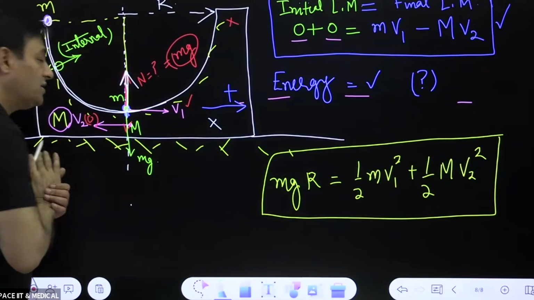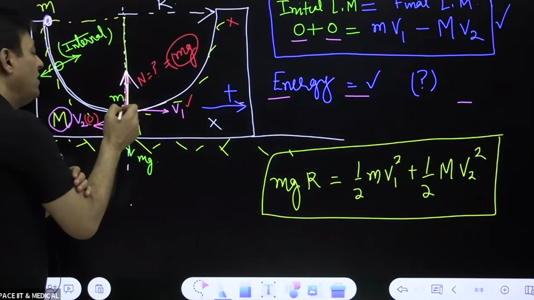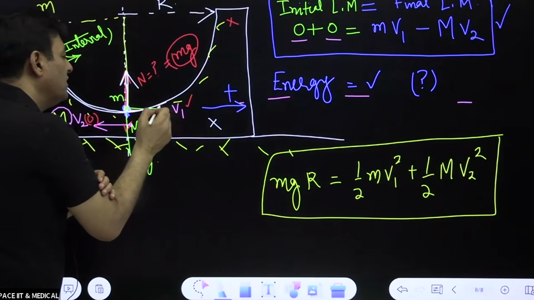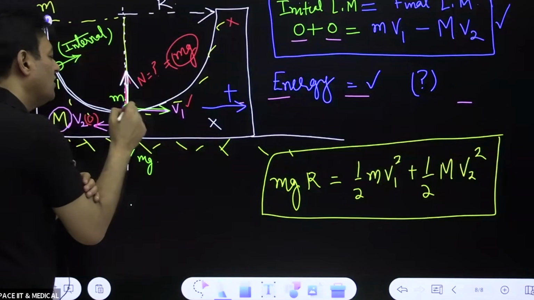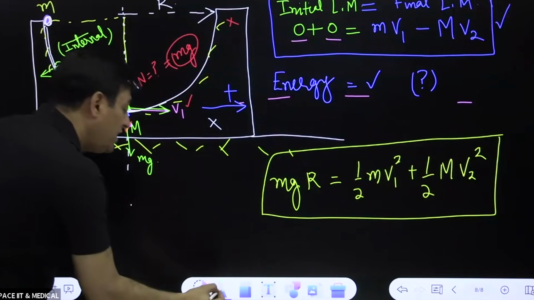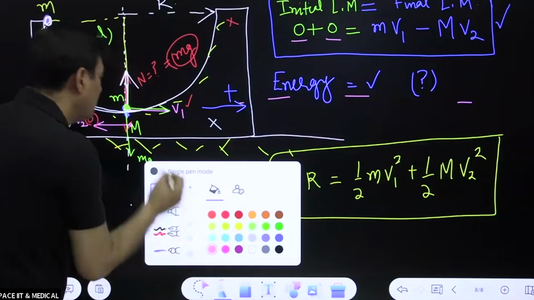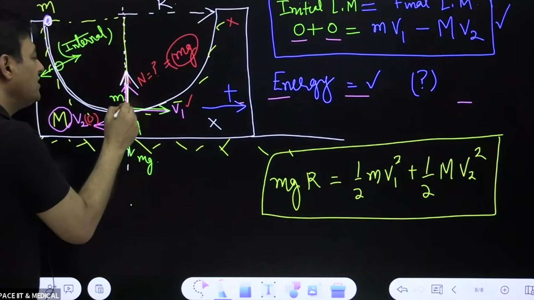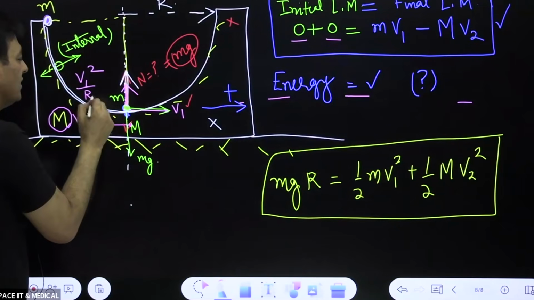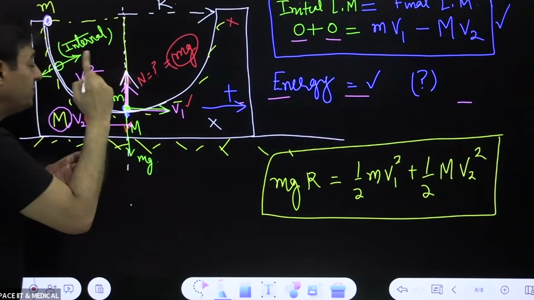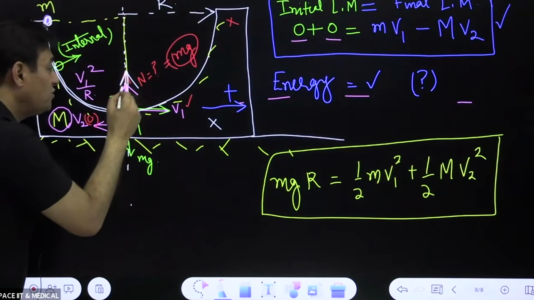These are the only two forces. Now, when it is moving with velocity v1, what is the acceleration of this body moving in a circle? It is v1 square by r. Wow, I'm impressed. What's your name? Nandan. Nandan, I'm impressed. Now just be attentive. Acceleration is towards the center.